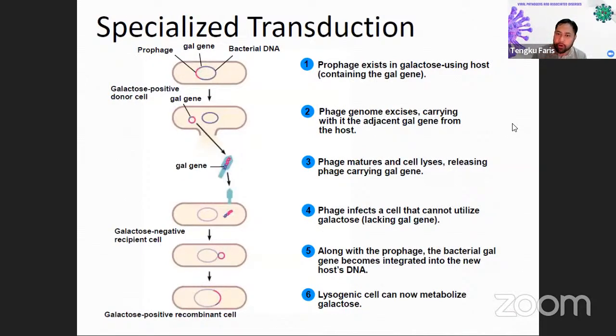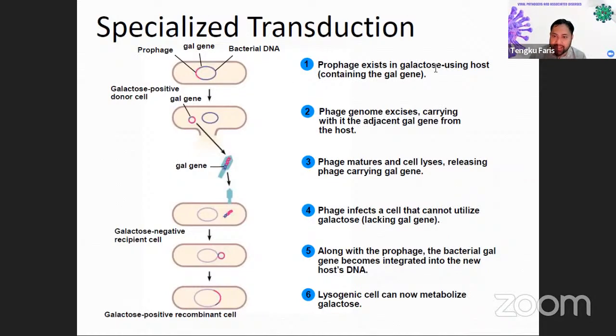The GAL gene is the name of a genetic portion inside the DNA that encodes for galactose, the sugar. Okay, so you look at number one on top here, we have the prophage, which is the viral DNA. You have the GAL gene inside the bacterial DNA, and you have the whole bacterial DNA. Okay, the GAL gene is a small portion of the bacterial DNA.